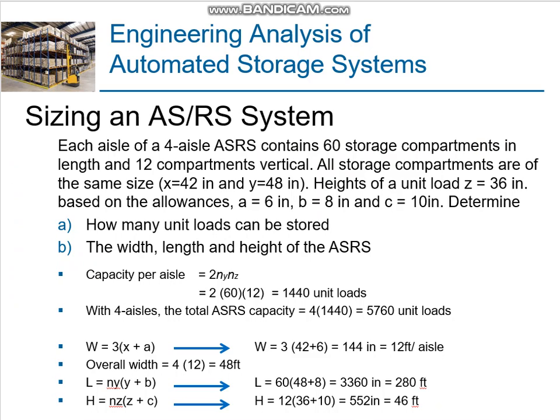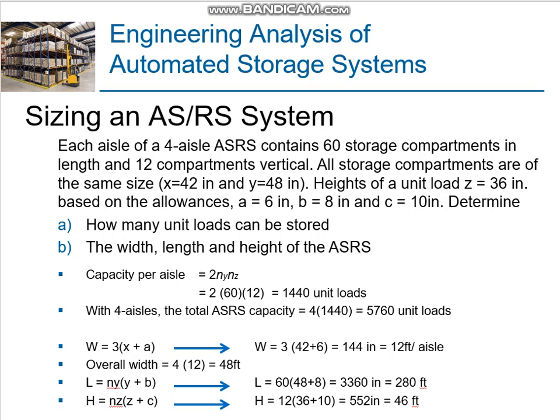X is equal to 42 inches and Y is equal to 48 inches. The height of a unit load Z is 36 inches. Based on the allowances, A is equal to 6, B is equal to 8, and C is equal to 10, all in inches. So determine how many unit loads can be stored and the width, length, and height of the ASRS.